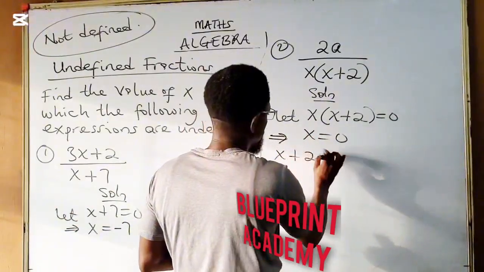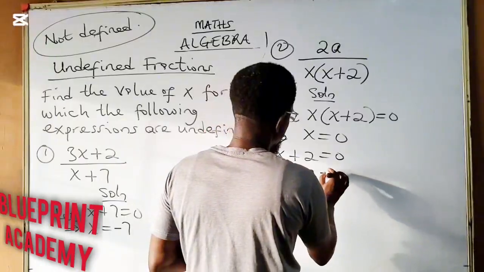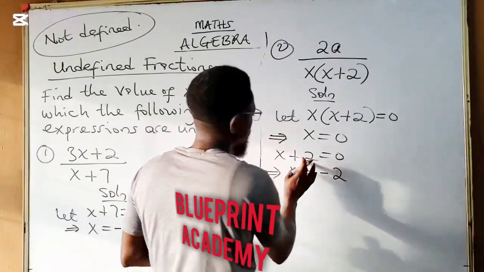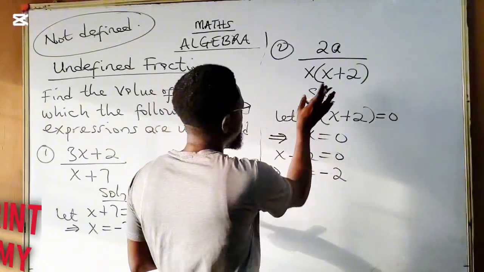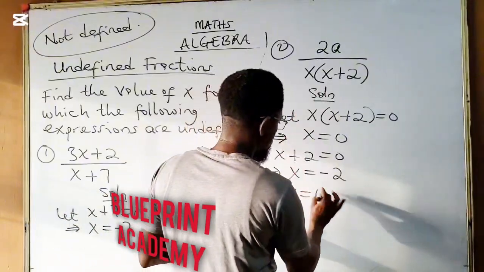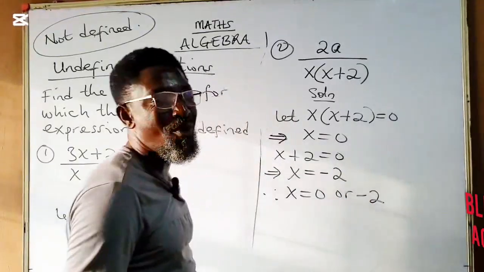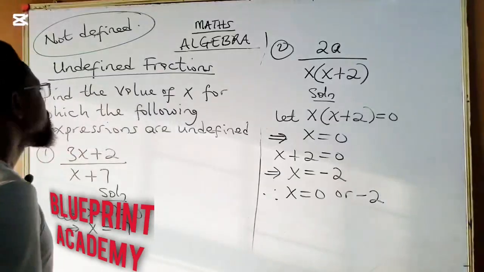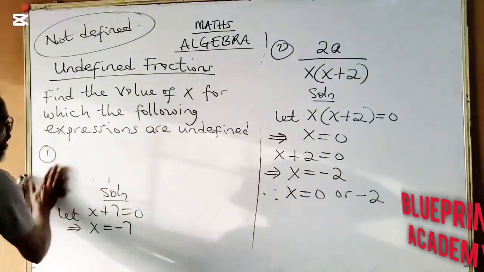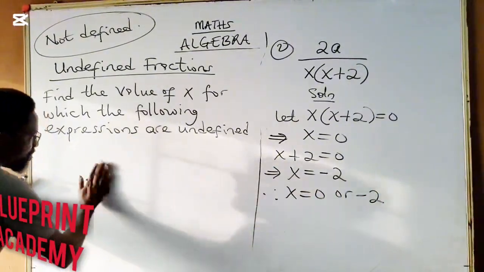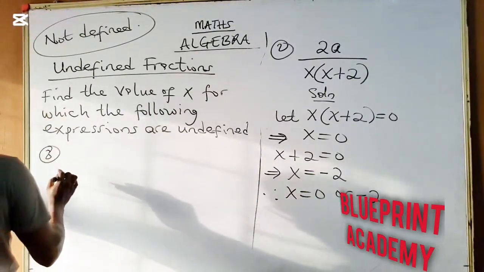Then x plus 2 equal to 0, which also implies x will be minus 2, because when you transfer the plus 2 across the equality, it becomes minus 2. So for this expression to be undefined, x has to be 0 or minus 2. This is what is done for undefined fractions. Anytime you hear the word undefined fraction, just know you have to find the value of the variable in the denominator. Let's take a look at one more example.